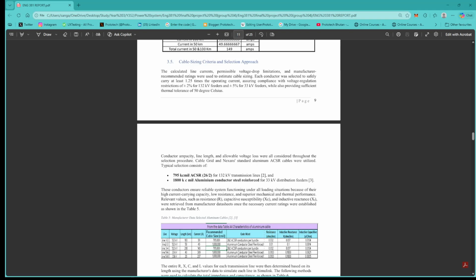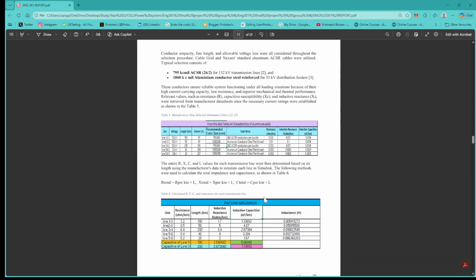From the datasheet, we selected two different types of cable: 795 kcmil ACSR for the 132 kV transmission line and 1800 kcmil aluminum conductor for the 33 kV distribution line.